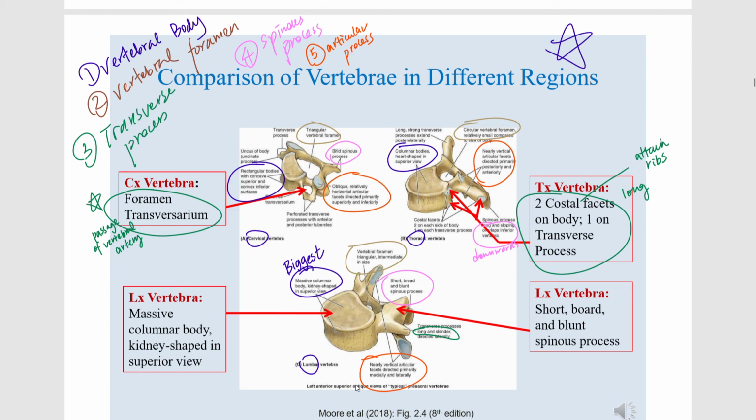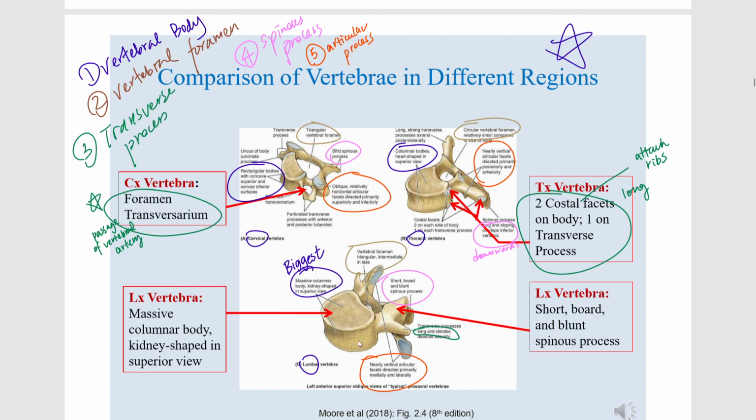For the lumbar region, it's nearly vertical, so not 100% vertical. The articular facet is directed primarily medially and laterally, of course.